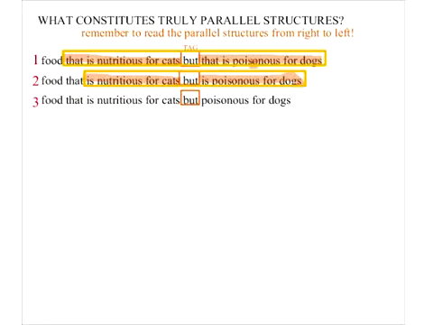Then here, poisonous for dogs, that's an adjective describing the food. So you go find the other adjective. Nutritious for cats, but poisonous for dogs. So this time, this is your entire parallel structure. So in this case, all 3 of them are parallel. All 3 of them work.